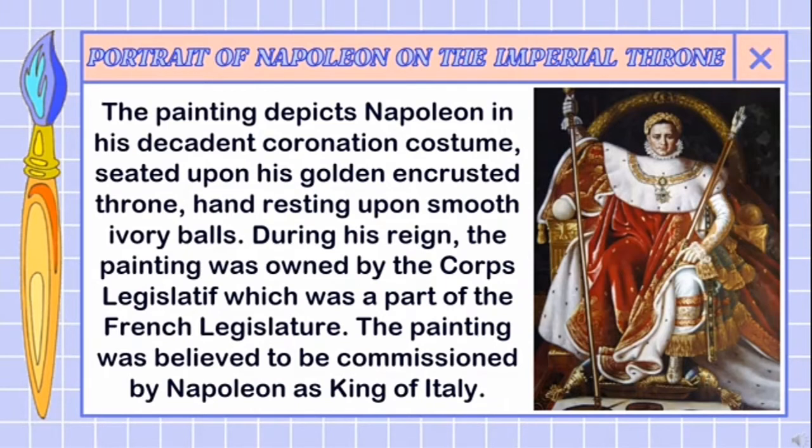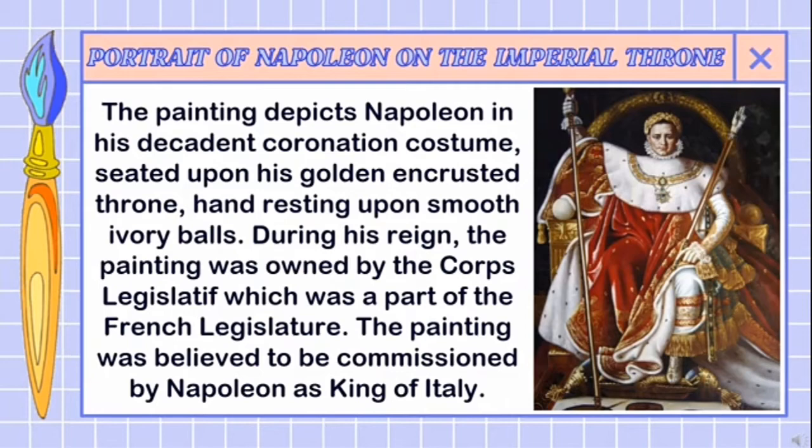Portrait of Napoleon on the Imperial Throne. The painting depicts Napoleon in his decadent coronation costume, seated upon his golden encrusted throne, hand resting upon smooth ivory balls. During his reign, the painting was owned by the Corps Legislatif, which was a part of the French legislature.